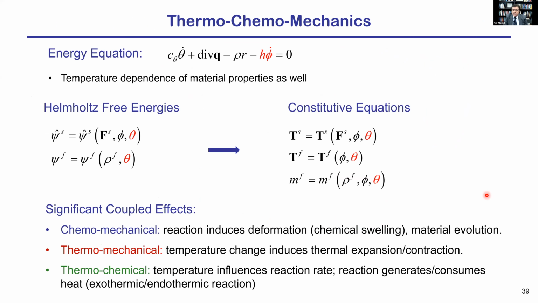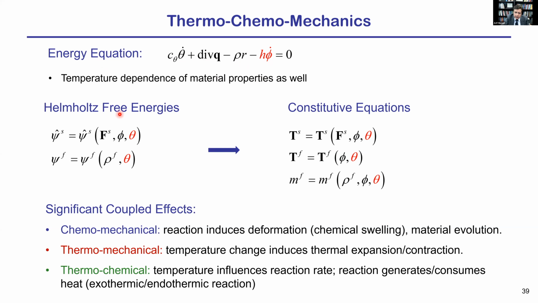If you want to bring thermochemomechanical in this framework, you need to bring in an energy equation. Theta is the temperature field, and that will bring in the thermomechanical coupling. Phi is the phase transformation, and that will account for the portion of the domain where the chemical reactions have taken place.